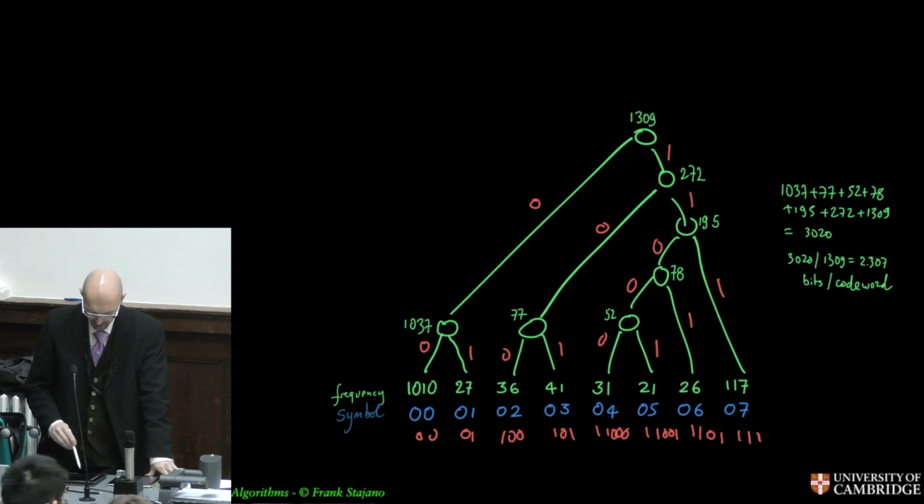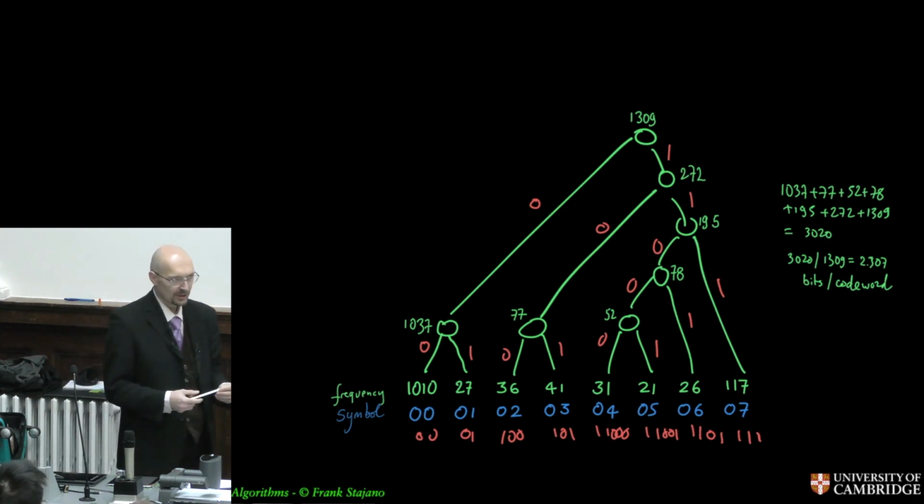So if this one had 31 and 21, you merge them together, then you add them up, and it's 52. If this whole thing had an aggregate frequency, these 4 symbols together, you add these up, it's 195. And you combine them with this other thing, which has an aggregate of 77, then the aggregate of everything is 272. Okay, so that's pretty obvious.